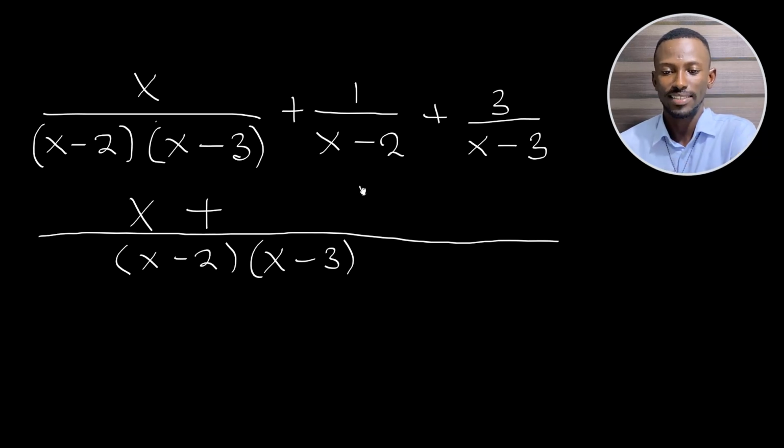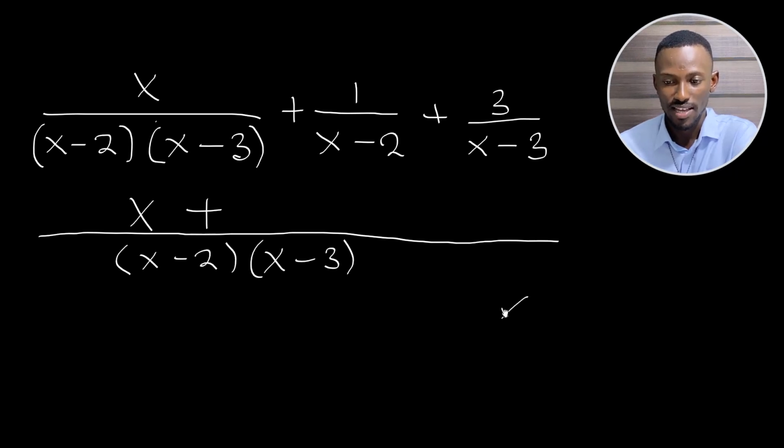The next part is to pick the second denominator and use it to divide the LCM. The LCM is x minus 2, x minus 3. So that means this x minus 2 will handle this x minus 2, leaving us x minus 3. This is what I mean.